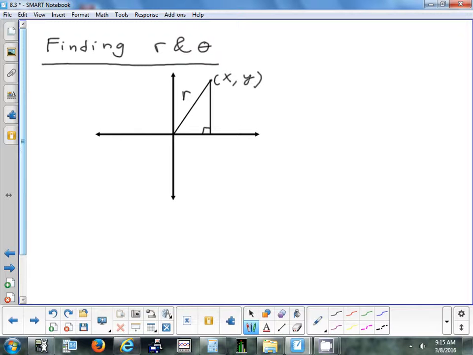Well, we don't know a number, but keep in mind we know the location of this point. So the bottom side would have to be x, because you went to the right x, and the height? y. So based on that, how would you get r? Yeah, the Pythagorean Theorem. It's just like finding the absolute value of a complex number. So r squared equals x squared plus y squared.